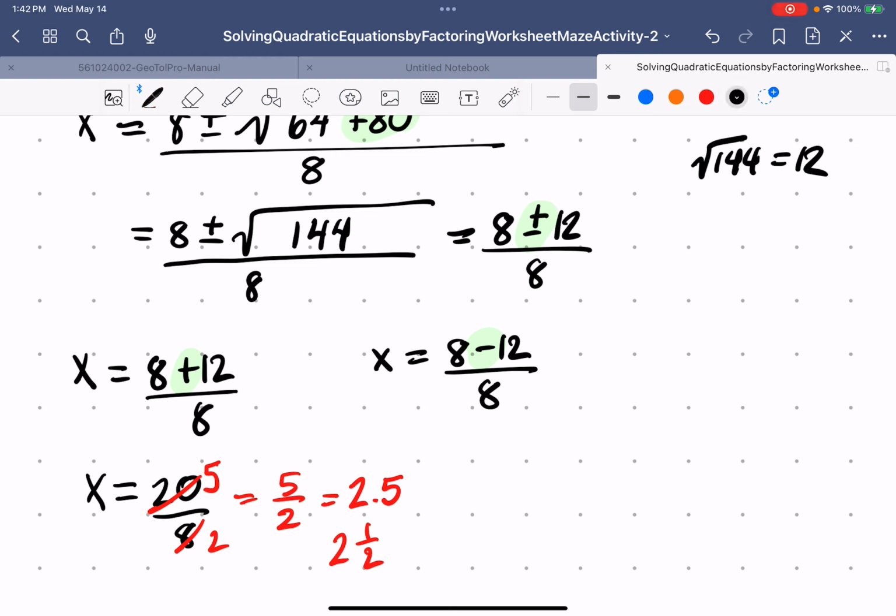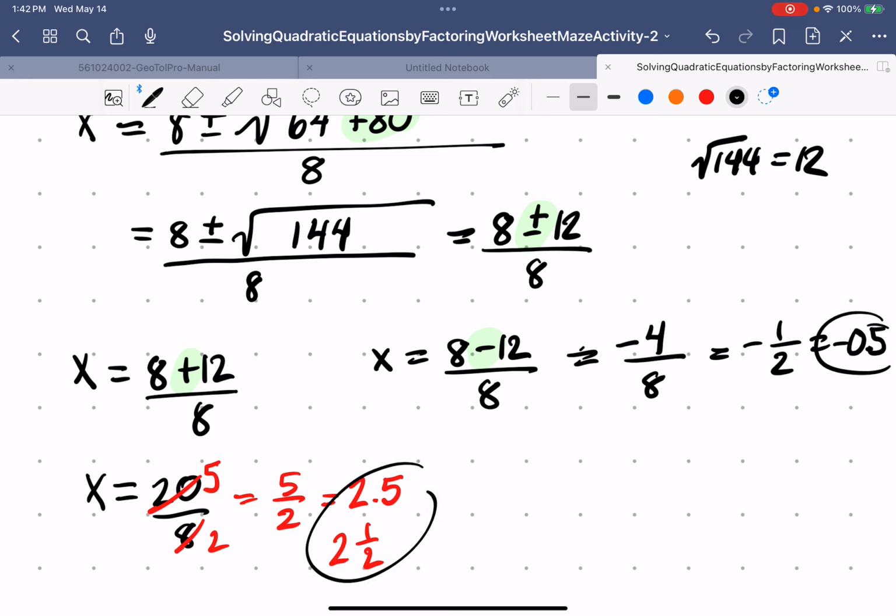On the other side, 8 minus 12 is negative 4 over 8, which is negative 1/2, or negative 0.5. So those are my two possible solutions. X equals 2.5 or x equals negative 0.5.